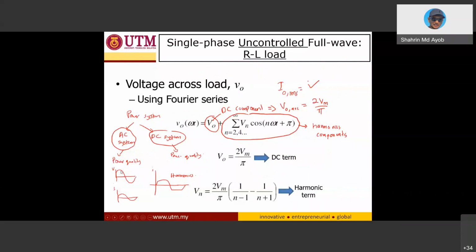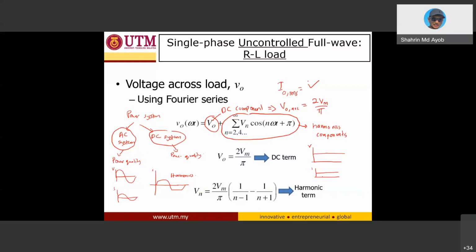Okay, for the DC system, what is the target for power quality? We should have a clean DC voltage and also a clean DC current. Since there is no frequency, there is no in phase or out of phase.